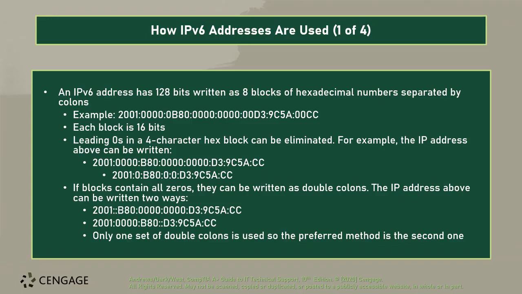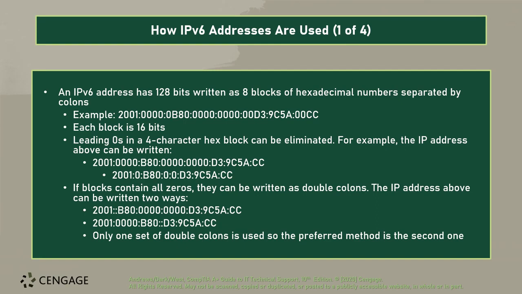In my mind, it could be written even shorter as 2001, colon 0, colon B80, colon 0, colon 0, colon D3, colon 9C5A, colon CC. We can also use an extra elimination method called the double colon. If we were to take any blocks of all zeros and represent them with the double colon, we can only do it once.